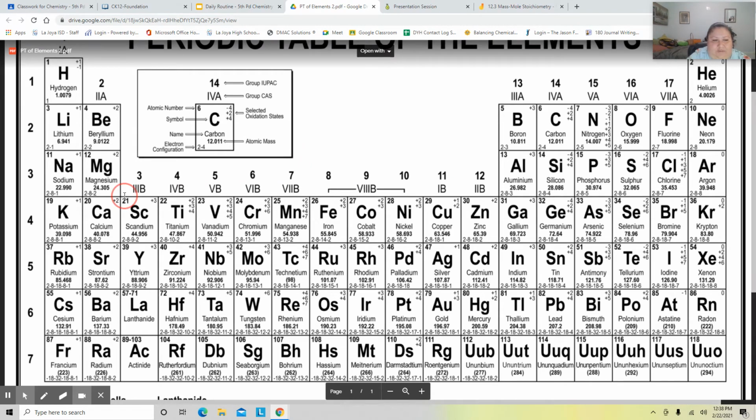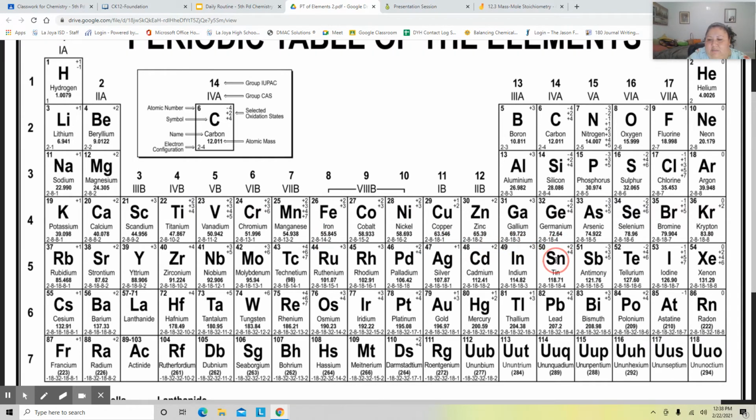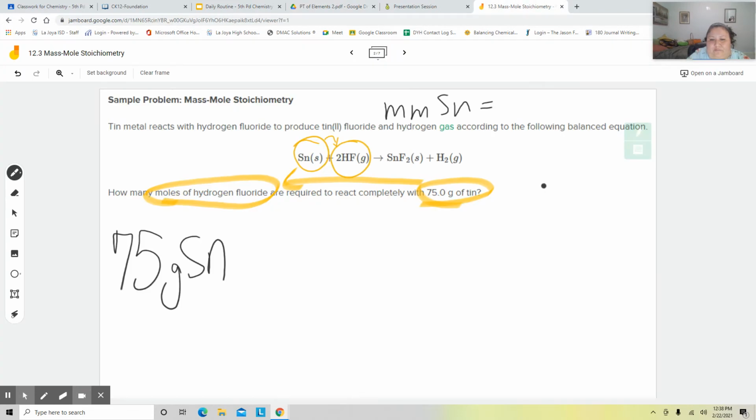Everybody see element 50? Sn. It weighs 118.71. All right, let's check it out. So we're going to divide by 118.71 grams per mole of tin.